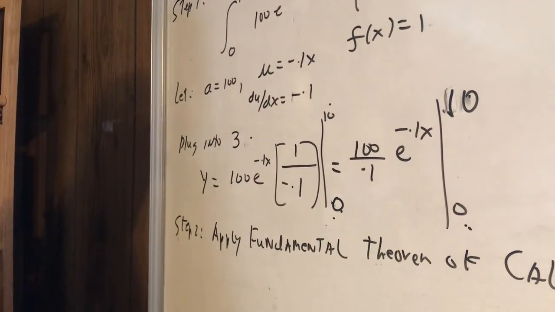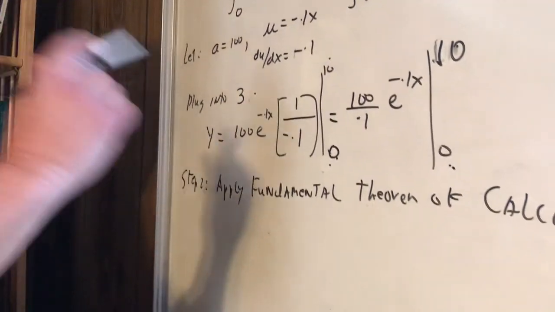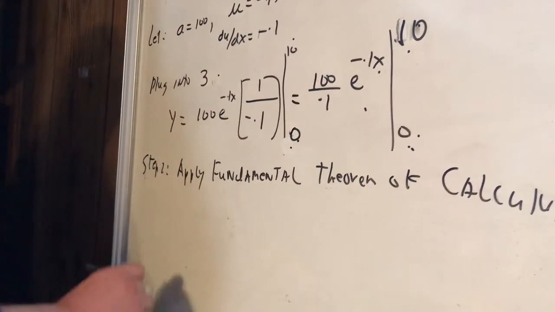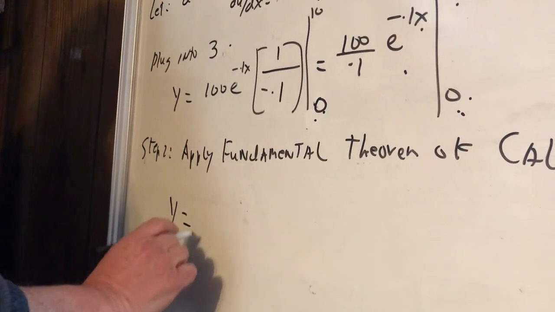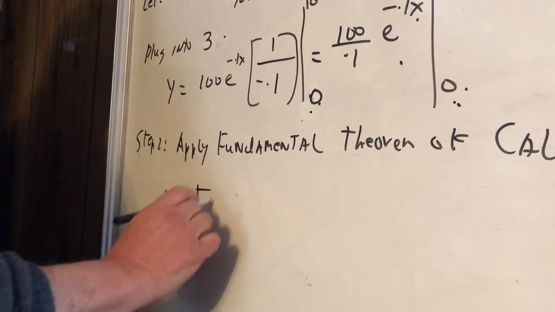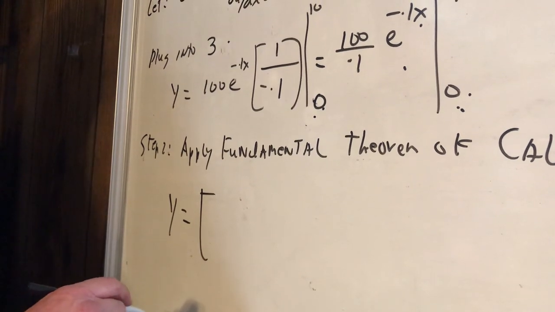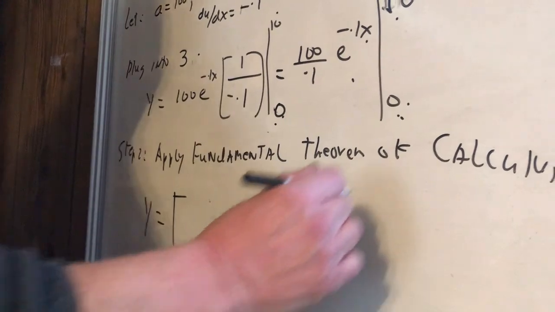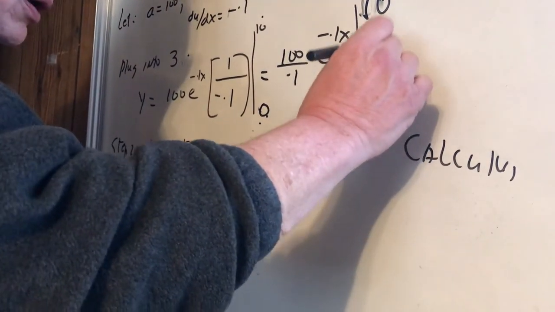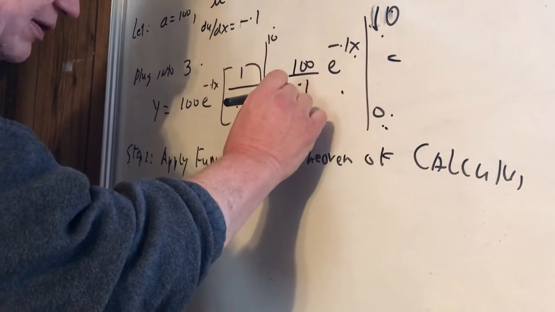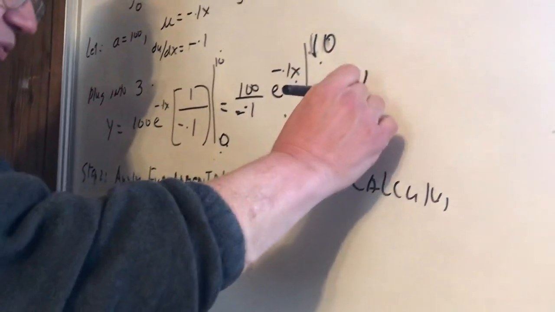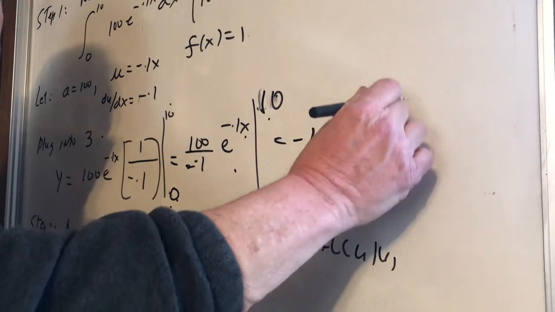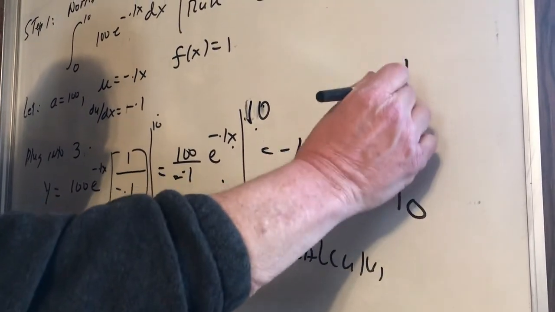Now applying the fundamental theorem of calculus means just to plug this in here and that in there and subtract the two. So y is going to be equal to, didn't I put 1,000 down here? Oh yeah, this is a minus here. This is minus 1,000 e to the minus 0.1x between 0 and 10.